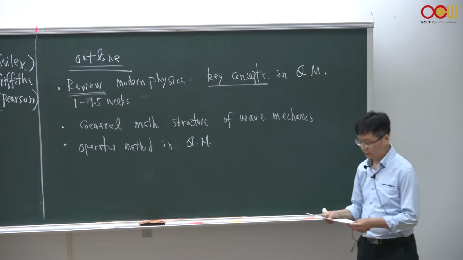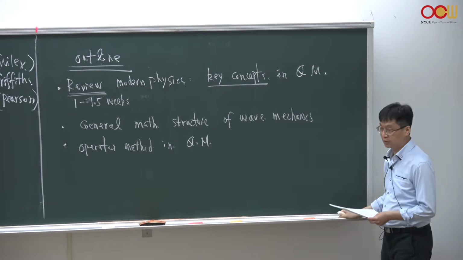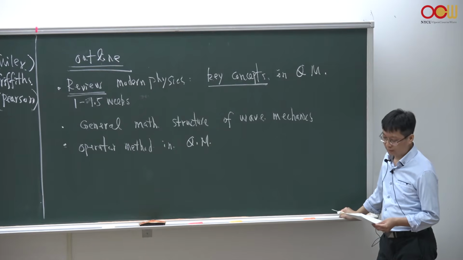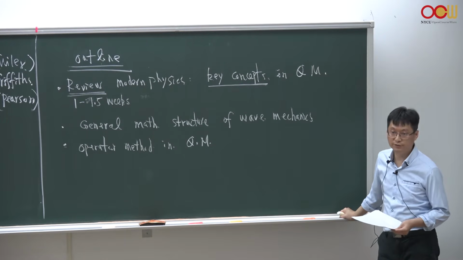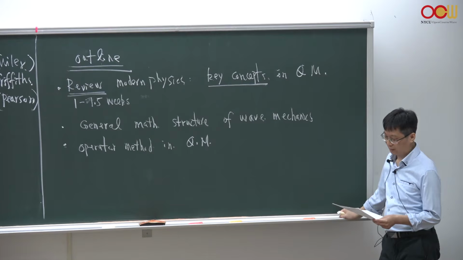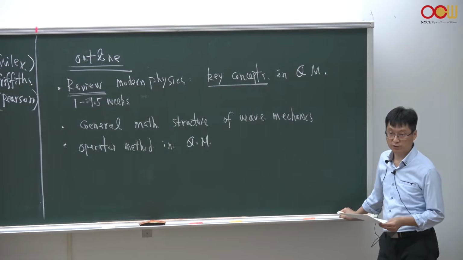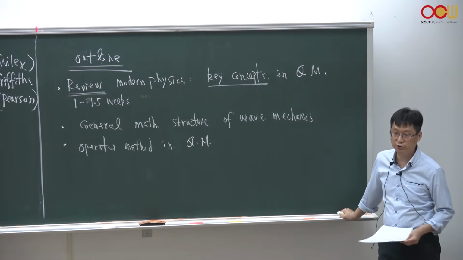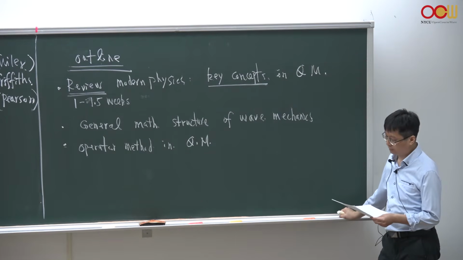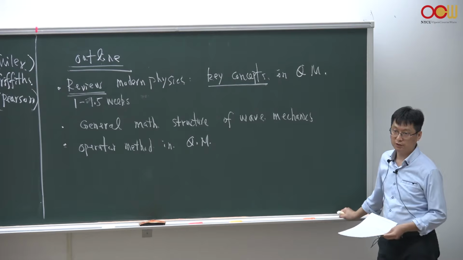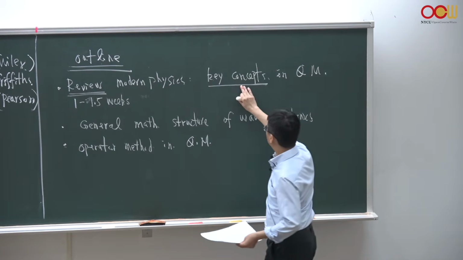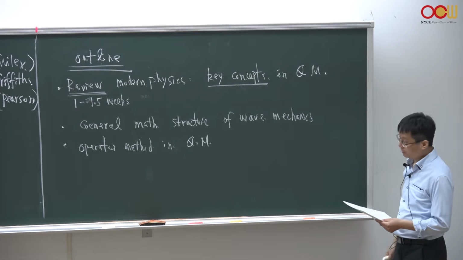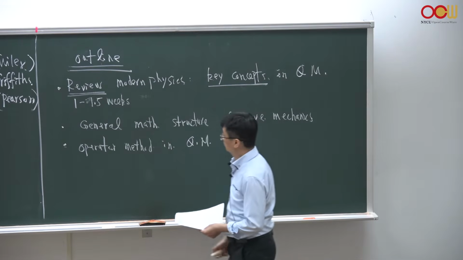And there are some key concepts such as the eigenstates of a quantum system, particle-wave duality, Heisenberg uncertainty relations, and the probability interpretation of your measurement, and so on and so forth. These are the key concepts in quantum mechanics which we will introduce in the following 2 weeks or so.